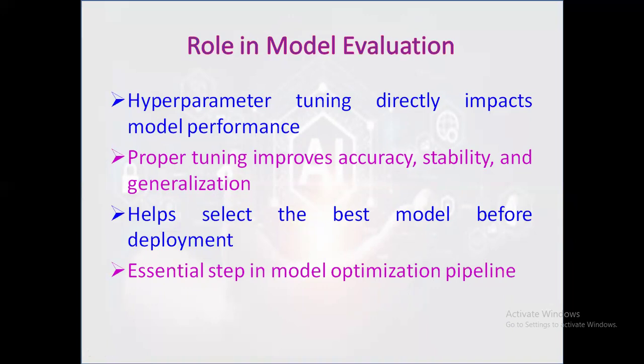Tuning allows comparison of multiple configurations so that the most effective versions can be chosen for production use. It is an essential step in the optimization pipeline. Hyperparameter tuning is now considered a core part of the machine learning workflow, not an optional step.